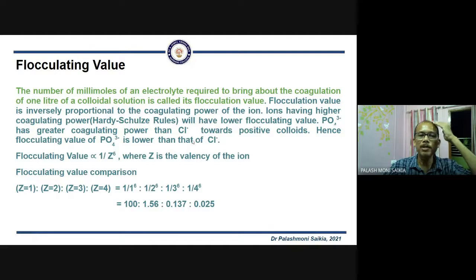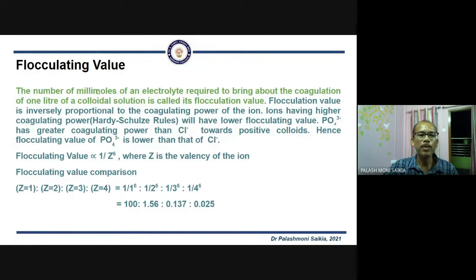So flocculating value is inversely proportional to coagulating power, and in fact, it is inversely proportional to Z to the power 6, where Z is the valency of the ion. Suppose we have monovalent, divalent, trivalent, and tetravalent ions. For tetravalent, 1 by 4 to the power 6 is 0.025, that means only 0.025 millimoles can cause coagulation of 1 liter of colloid, but 100 millimoles is required if it is monovalent.